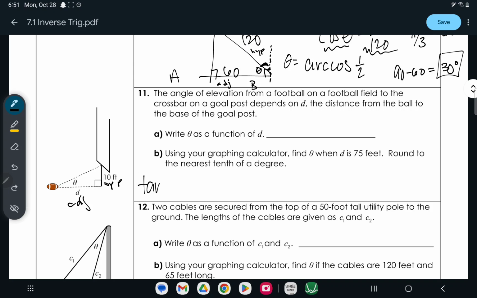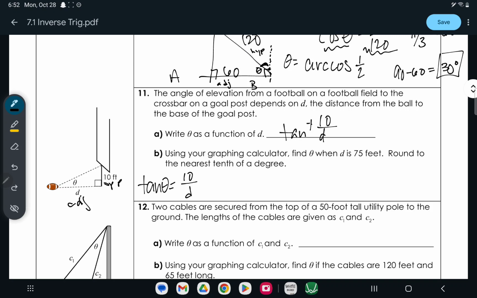So we would have tangent theta is opposite over adjacent. But if we want to find theta, we just do the inverse. So tangent negative 1 or arctangent of 10 over d.